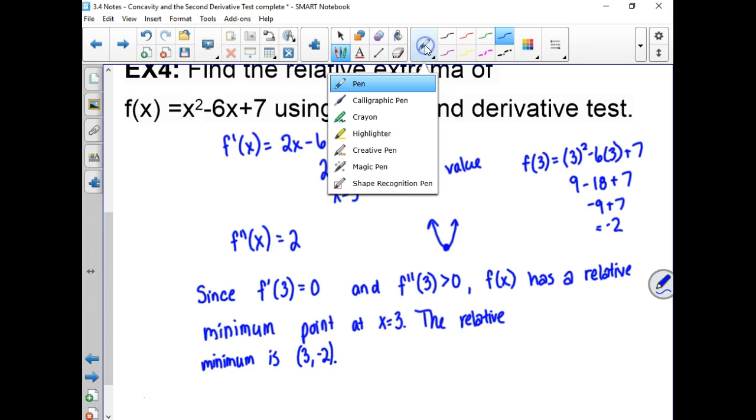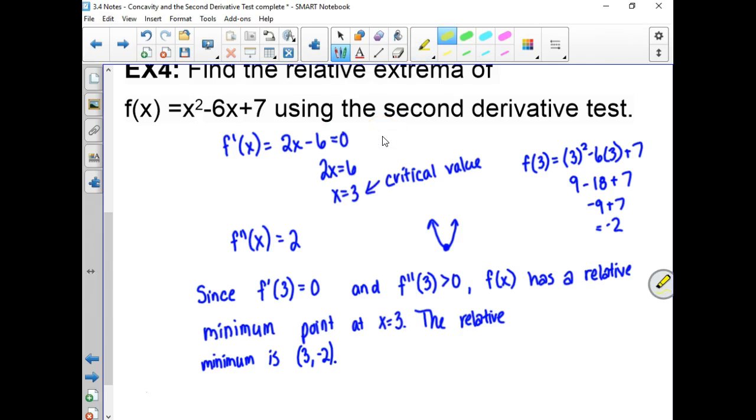The concept of this, students usually don't struggle with too much. It's explaining on these. So you must tell us that the first derivative at that point equals 0. So not f prime of x, or I guess you could say at x equals 3, f prime of x equals 0, but it's easiest just to say f prime of 3 equals 0. That's the first part. And you have to tell whether the second derivative is positive or negative.